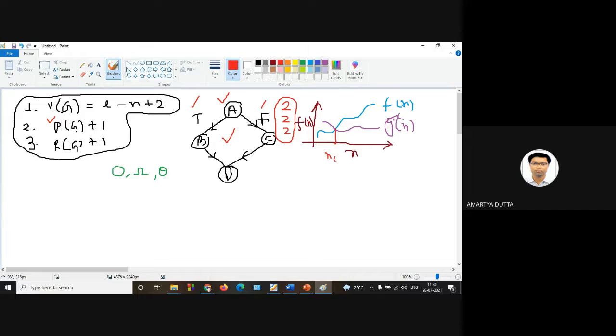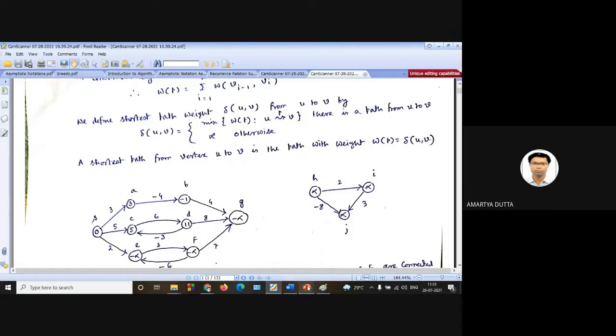After that n0, Fn grows faster than Gn. So Fn is big omega of Gn, that is, Gn is the lower bound of Fn. So there are total three bounds: big O, big omega, and the tight bound big theta. This is the upper bound, this is the lower bound, and this is the tight bound. Okay.